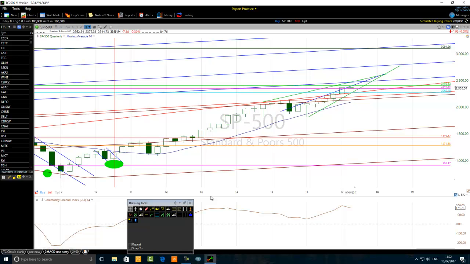If they fail to meet the analyst forecast, usually it is a bearish trading setup. If they exceed the analyst forecast, that will constitute a bullish trading setup. I will be recording a video later on about company earnings and how day traders, swing traders, and position traders can take advantage of that.